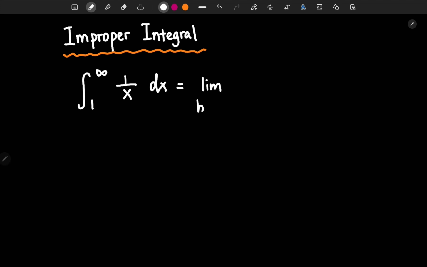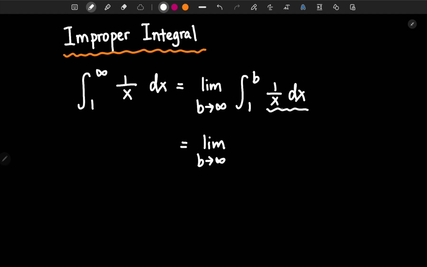We would have the limit as b goes to infinity of the integral from 1 to b of 1 over x dx. Then take the antiderivative of your function. We would get the same limit. The antiderivative of 1 over x is ln of the absolute value of x. Also evaluate from 1 to b.